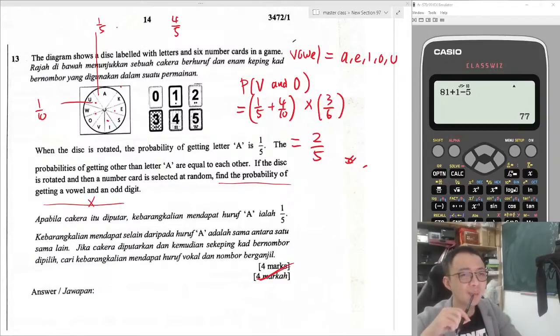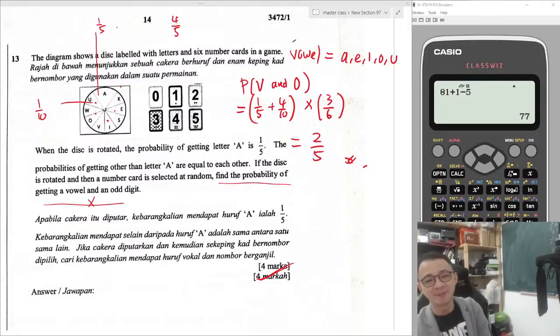Oh, cannot join them together? Let me think. Yeah, because they are different probabilities, right?